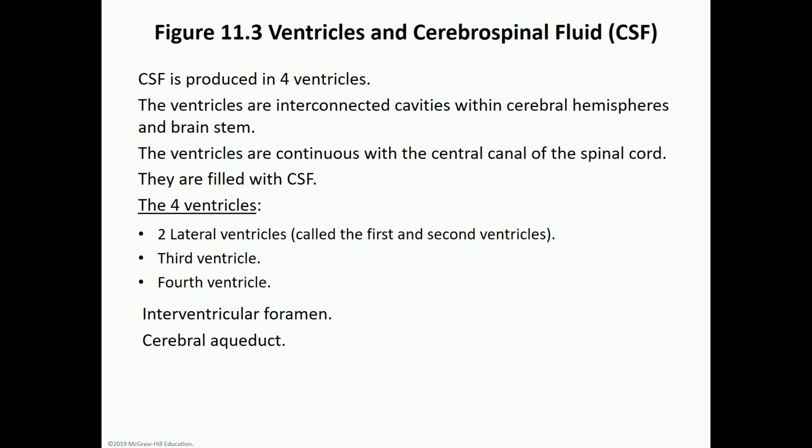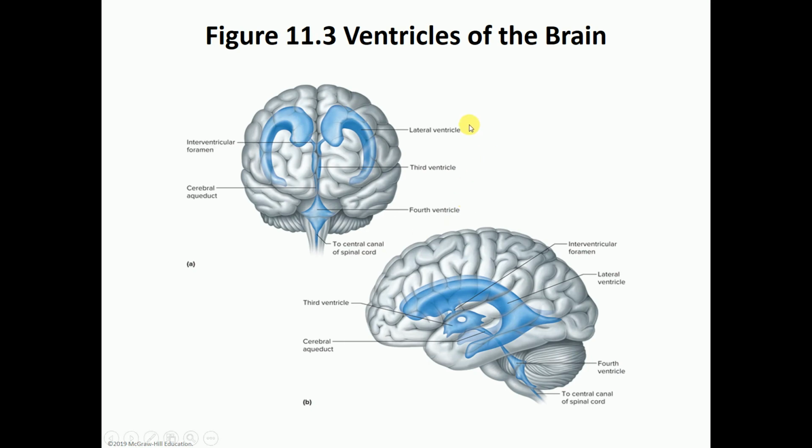We'll take a look at the image to figure out the different parts. So here you go. So here are the 2 cerebral hemispheres, and these are the cavities in there, and those are known as your lateral ventricles. And then we have the interventricular foramen, which means the opening in between the 2 ventricles so that the CSF fluid can drain down or pass down to the 3rd ventricle.